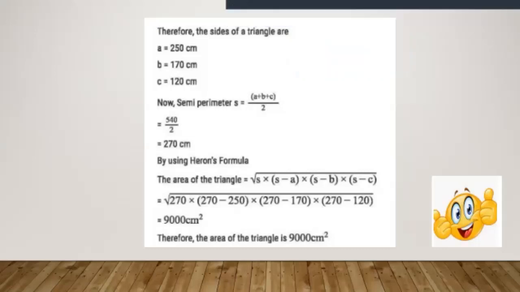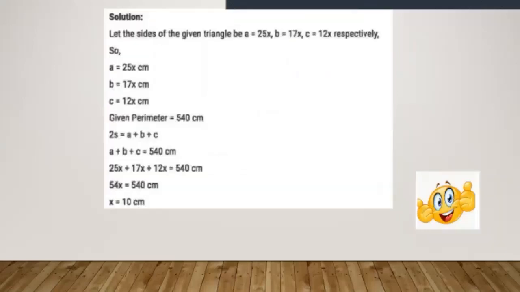All those who are taking time, please finish it off. So the best part was the given perimeter was 540 and here you got 54x. So directly you could calculate the value of x as 10 centimeter.